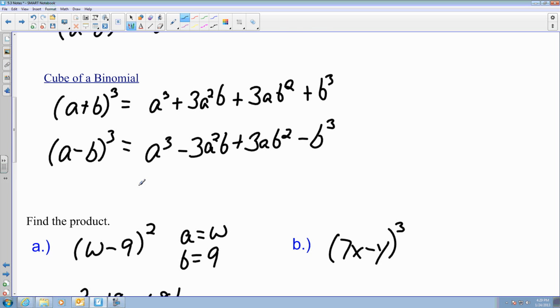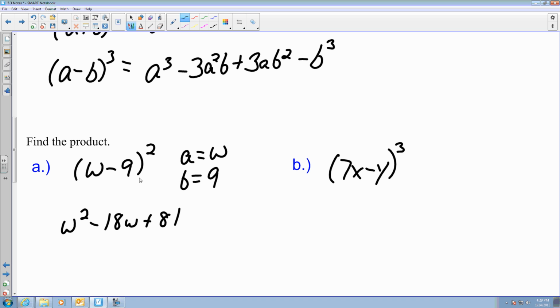Okay. For the next one, let's say I have something like 7x minus y quantity cubed. So that looks like this one right here, where a is 7x and b is y. So what I'm going to do is plug those into the equation.